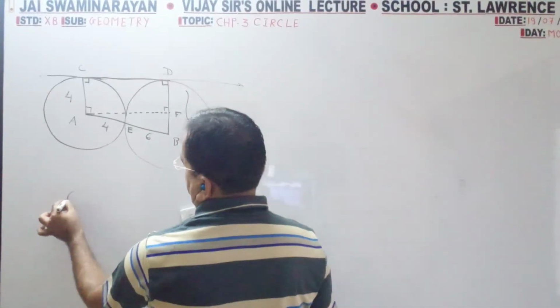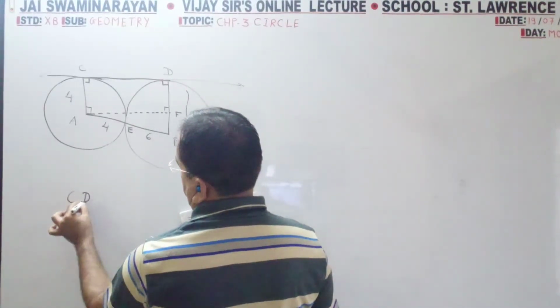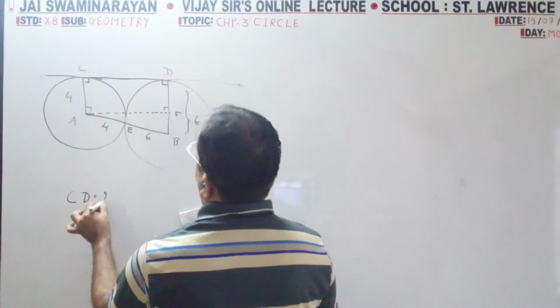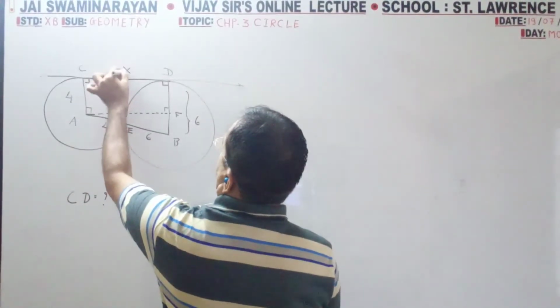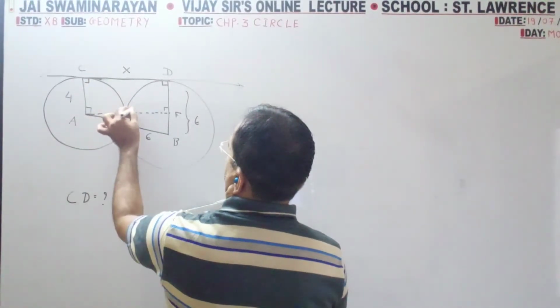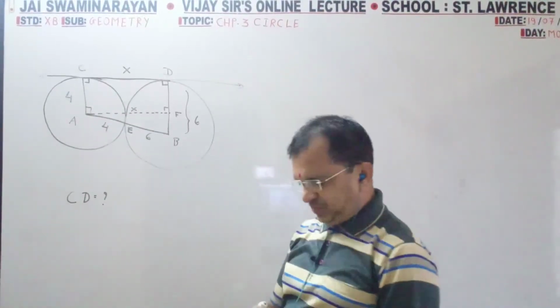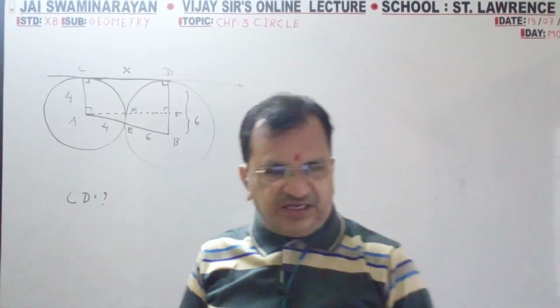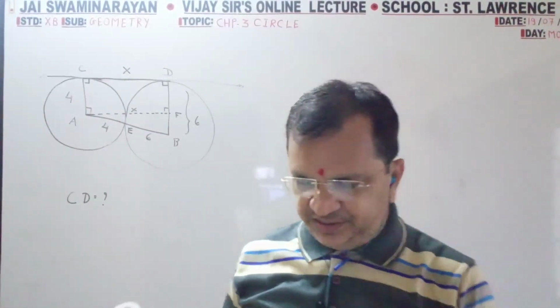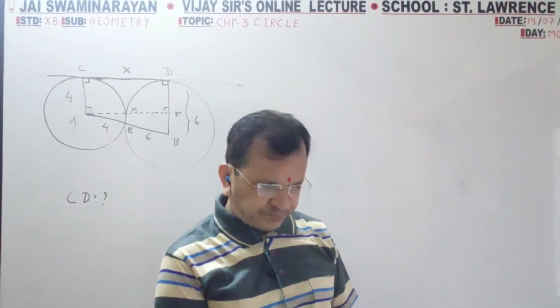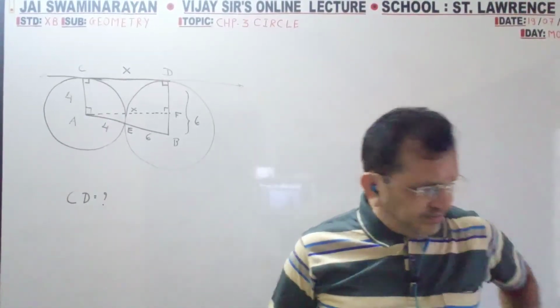The question is CD. So CD is X. So AF also is X. Now each and everything I will write. This is the diagram.